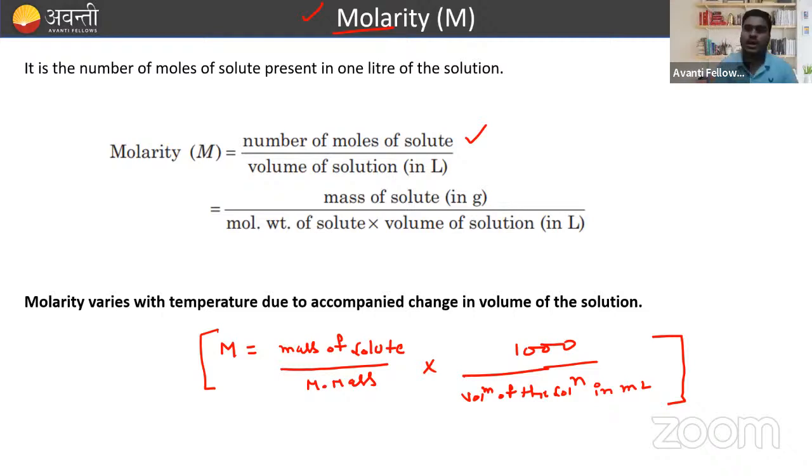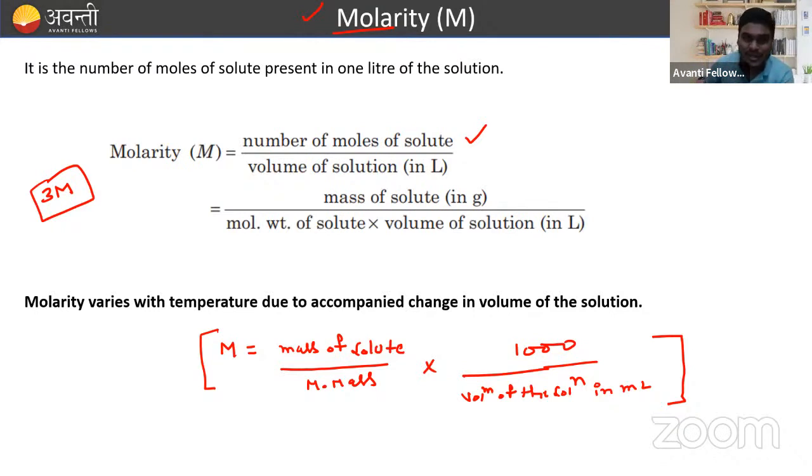Okay. Now, if in any question 3M is given, what does it mean? What does it indicate, beta? If someone says the solution is 3 capital M, what does it mean? It means the solution has a molarity of 3. That is, 3 moles of the solute dissolved in 1 liter of the solution, right?